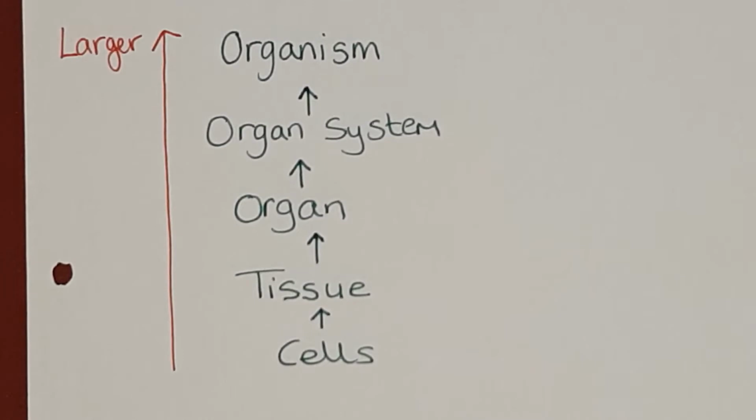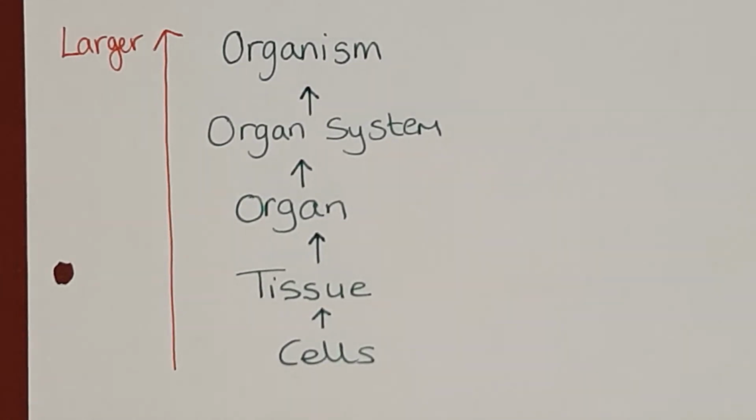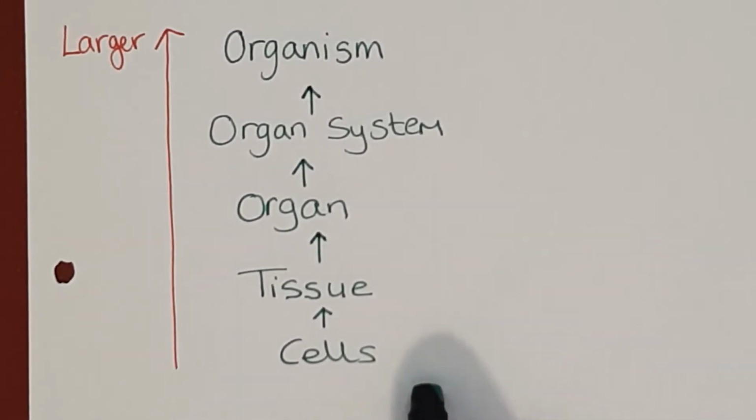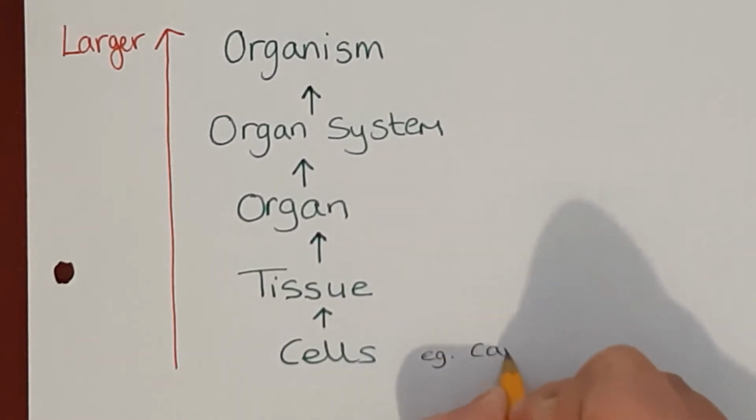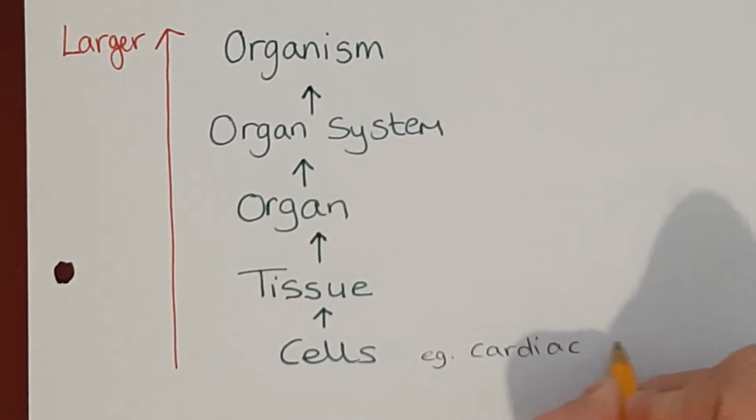So we can do that by example. There's lots of different cells and organs. So, for example, we could have a cardiac cell in the heart. And let's write that in. So cardiac cells in the heart, they're just a piece of cell in the heart.